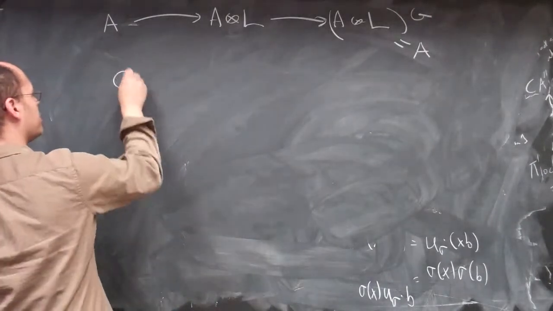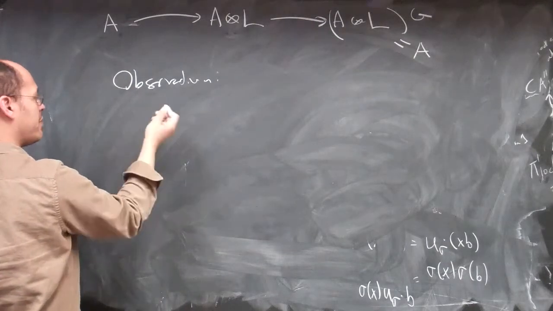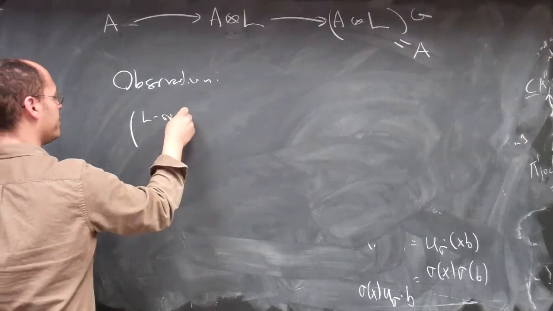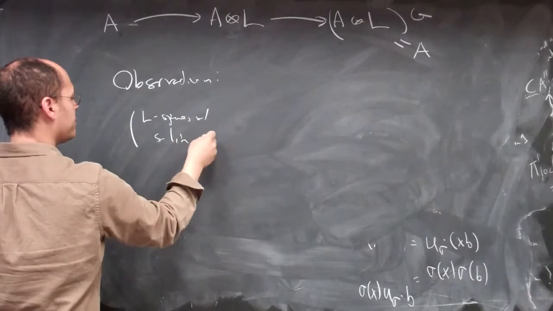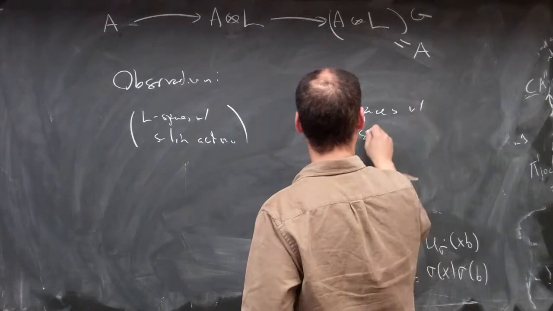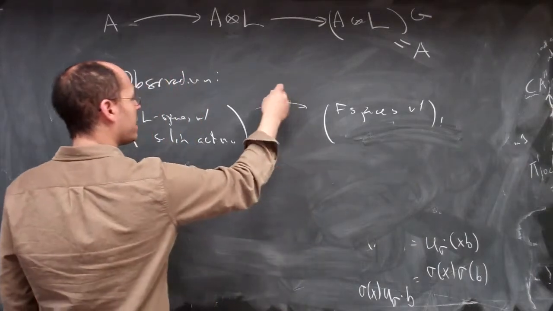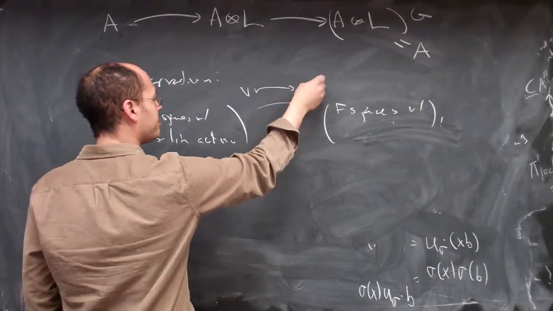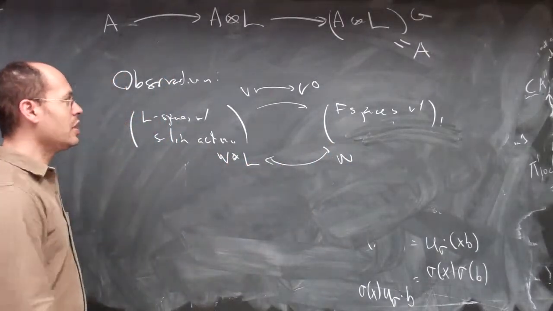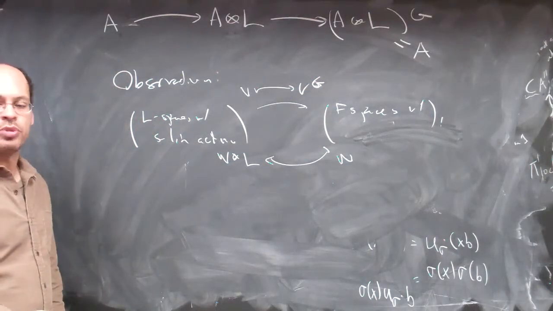And that observation is that if you look at the map of categories of vector spaces, so L spaces with semilinear action, and F spaces, if you take invariance on the one hand, and on the other hand you extend scalars, then what you find is that these play nice with respect to tensor product structure.